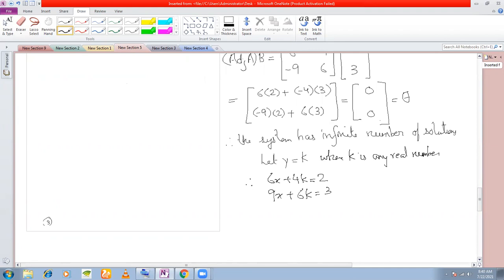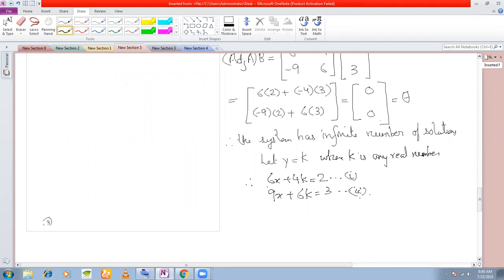Okay, this is what the system becomes. Now you can use any one of the equations to find out the value of x. Call this 1, call this 2.